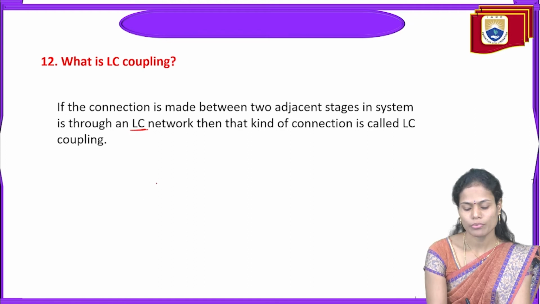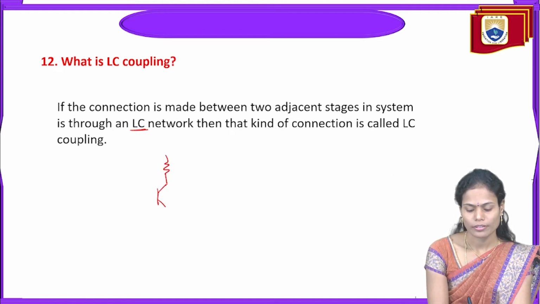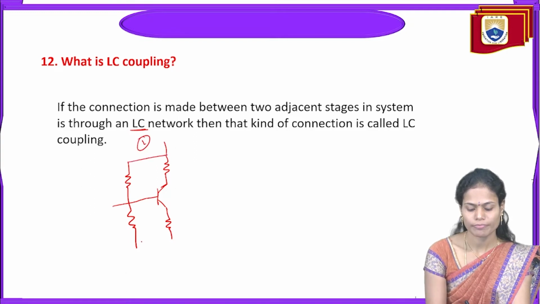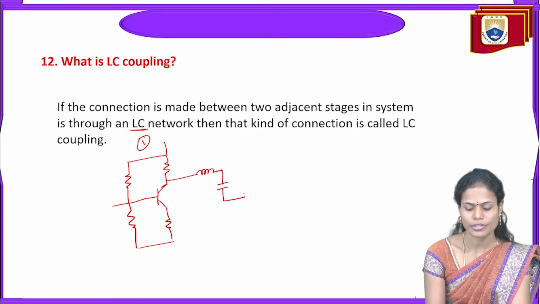Suppose we have one particular amplifier circuit. I am taking a CE amplifier circuit here. This is the first stage, and I am connecting it through the resistor and capacitor to the next stage.